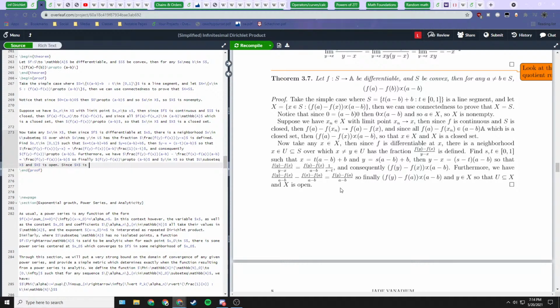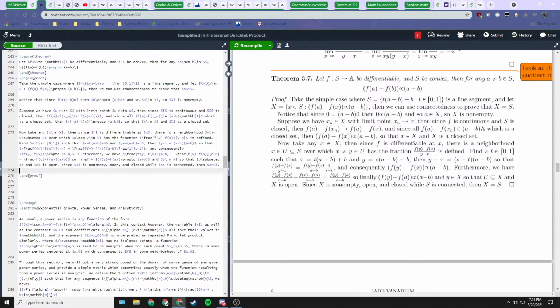And then we conclude X is non-empty, open, and closed, while S is connected, then X equals S. So this follows from the connectedness of S. If we take S to be a line segment, the only subsets of a connected set that are both closed and open are the empty set and the whole set itself.